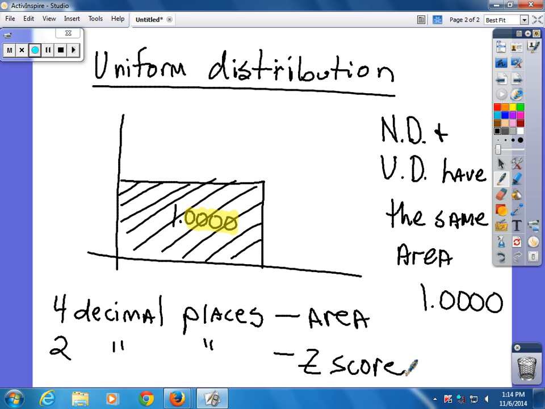All right. So this is a uniform distribution. Now let's go back to your 5th grade math, Mr. Debo. What is the area of a rectangle? Remember? Length times the width. Darn, he took the board away from Mr. Hartman. That was the one thing he knew today.